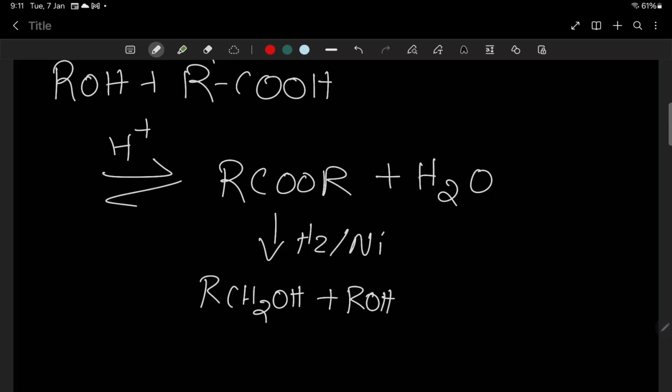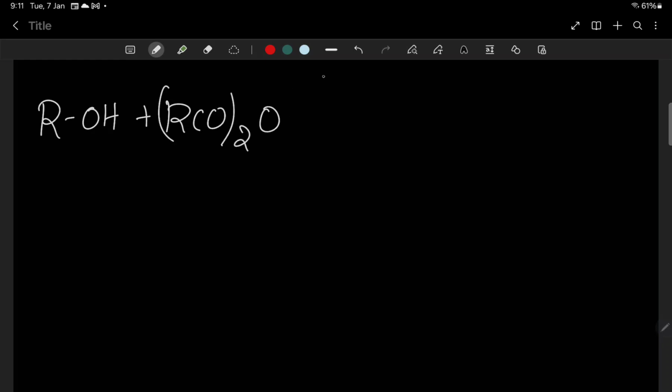Now we said that the esterification reaction can happen with what? Acid anhydride too. That is, (RCO)2O, in H plus.